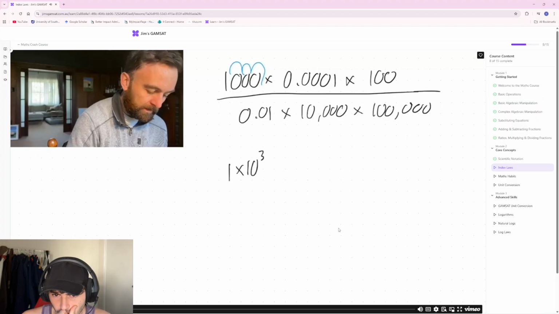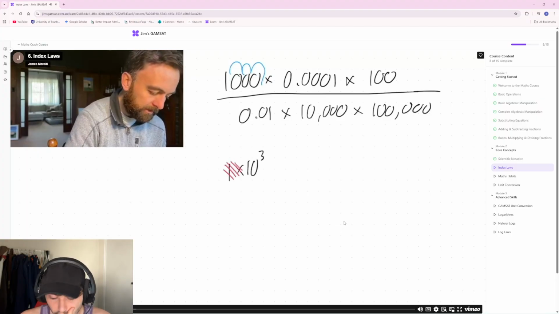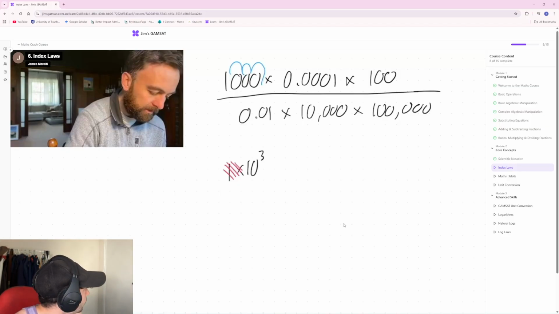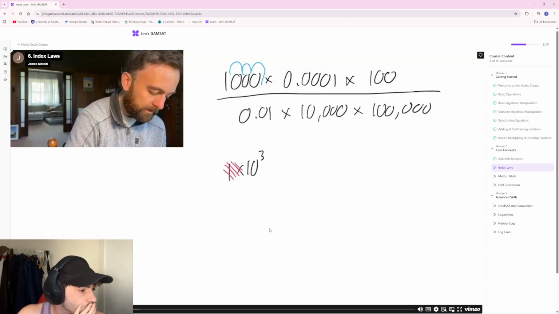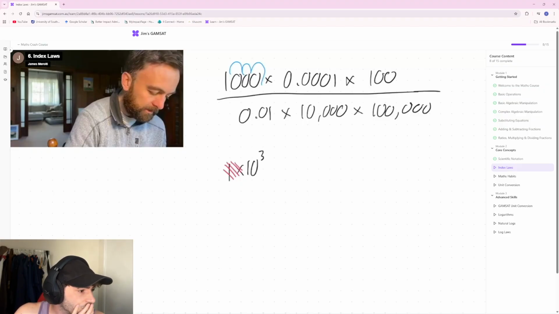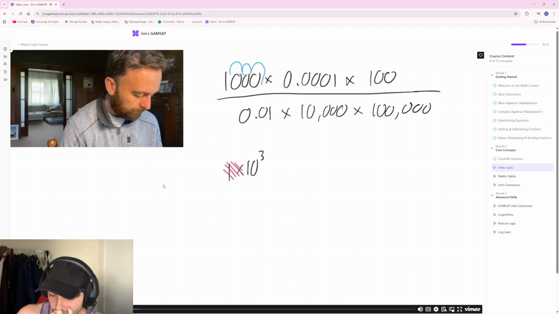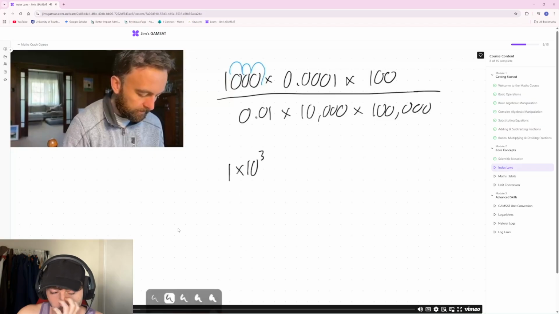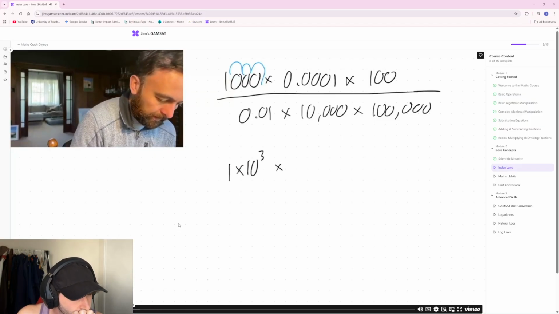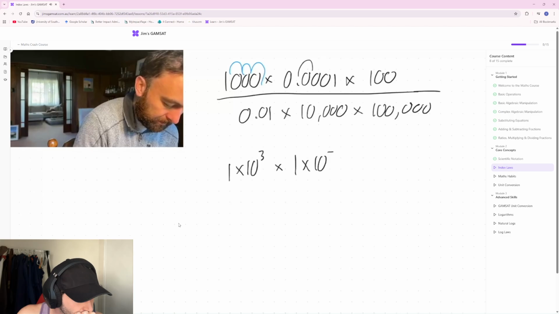Now, anything times 1 is just itself. So usually when we have this, we actually just knock that 1 off. But I'm going to leave it here for a reason that will become clear later. Then we times that by 1 times 10 to the negative, how much is it? 1, 2, 3, 4.